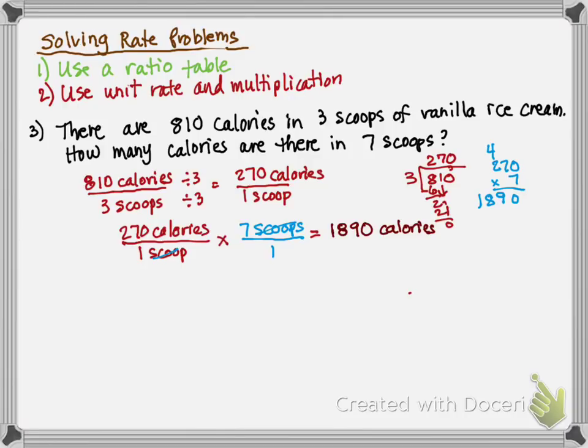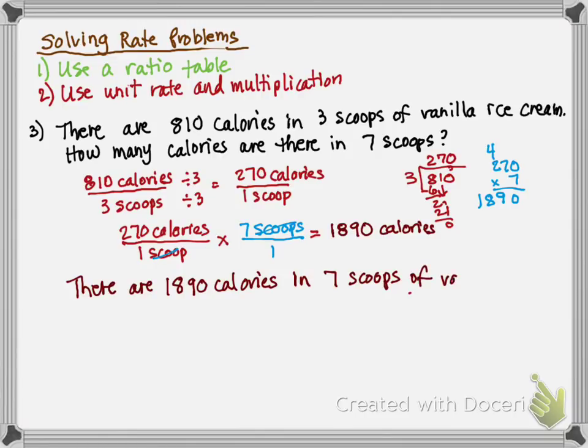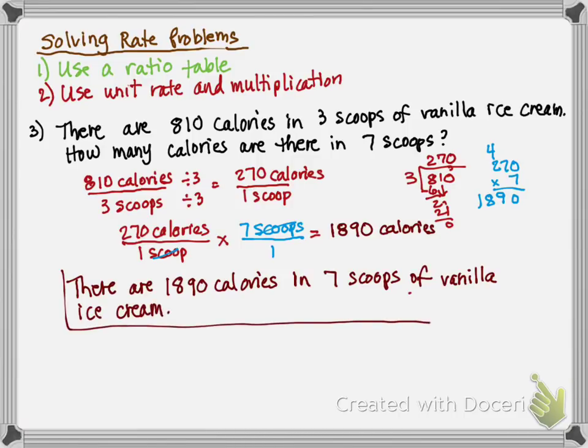So I take that answer and I say there are 1,890 calories in 7 scoops of vanilla ice cream. Okay? So that's how I use that strategy.